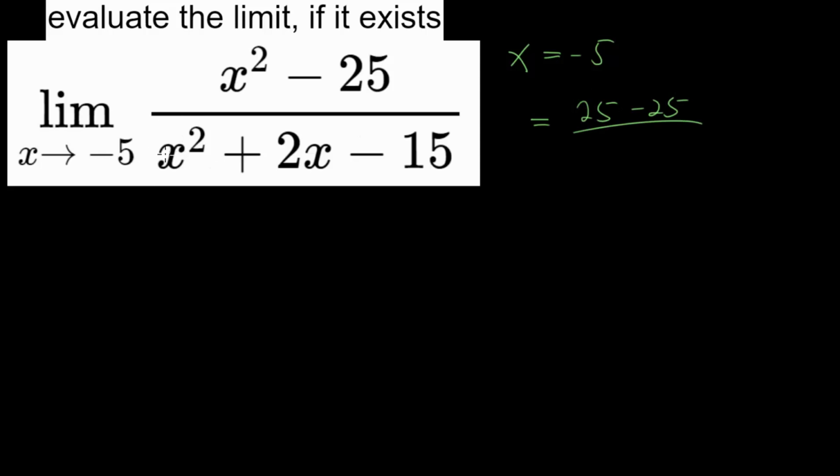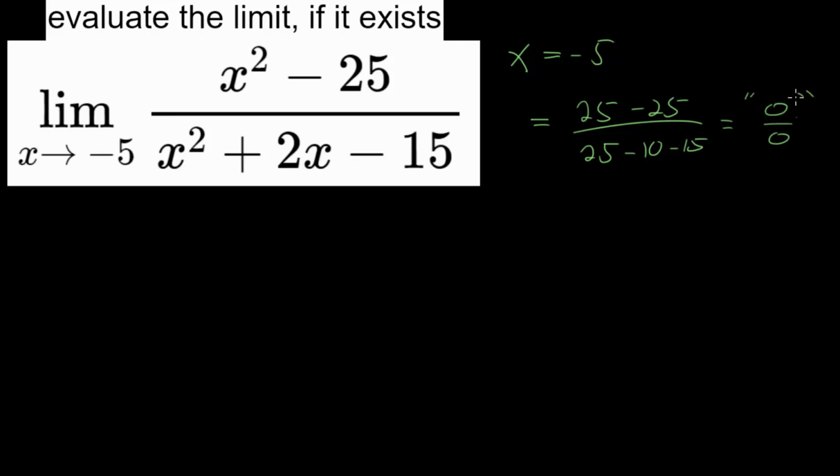And in the denominator, we are again squaring -5, which is 25. Then we have plus 2 times -5, or minus 10, and subtracting 15 from that. But notice that in the numerator, we get 0, and in the denominator, we also get 0.